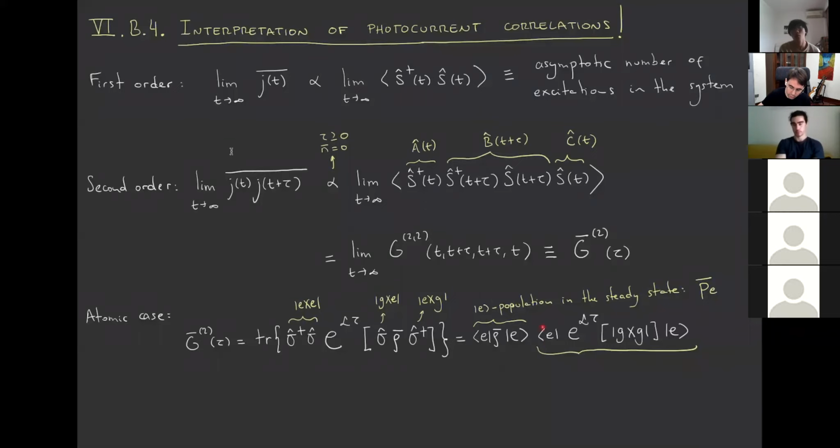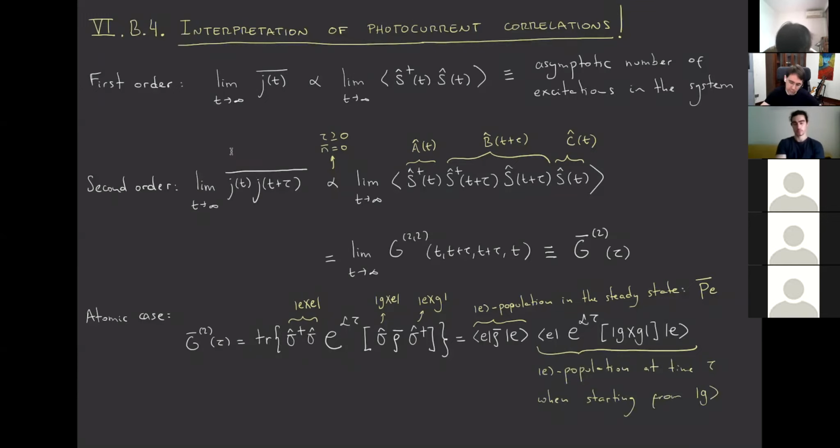And then when you now calculate the excited state expectation value, this is just the excited state population at time tau, when starting from the ground state. Okay?